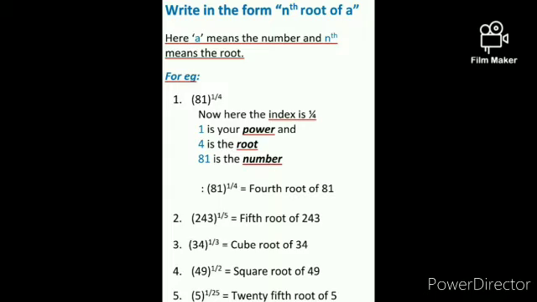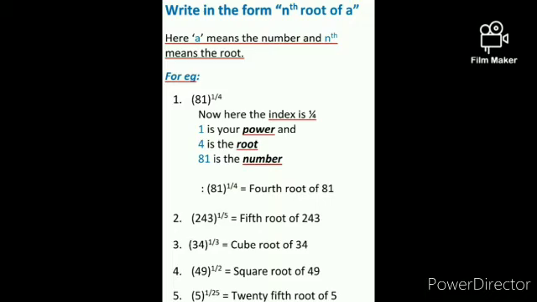Now, let us see how to write in the form of nth root of a. Nth root of a. Here, a means the number and n means the root. For example, 81 raised to 1 upon 4.